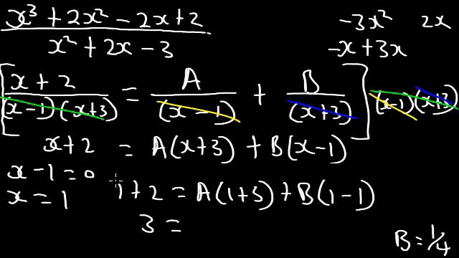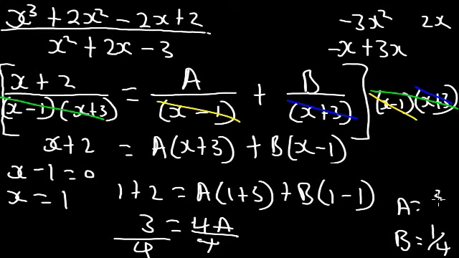Then we have 3, since 1 plus 2 is equal to 4a. And dividing 3 by 4, we got a to be equal to 3 over 4. So having gotten that, we can now write our final answers.